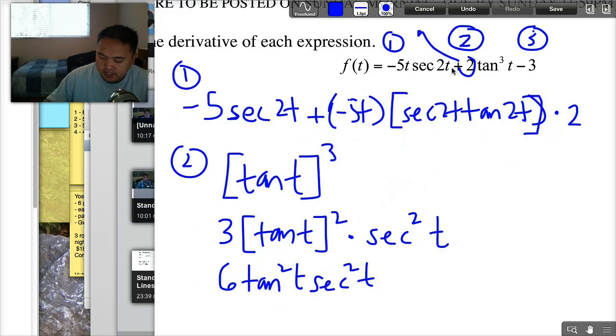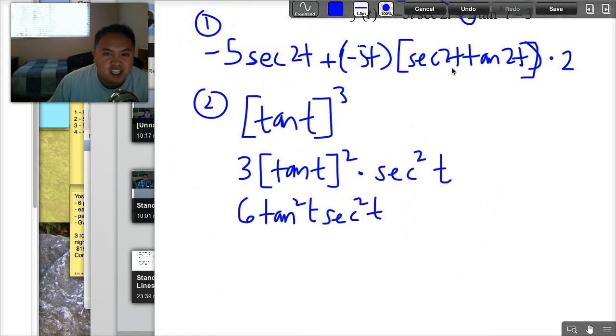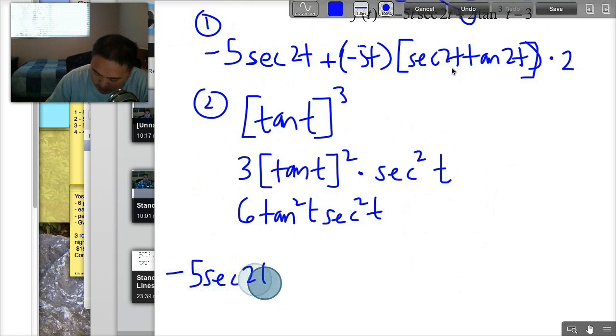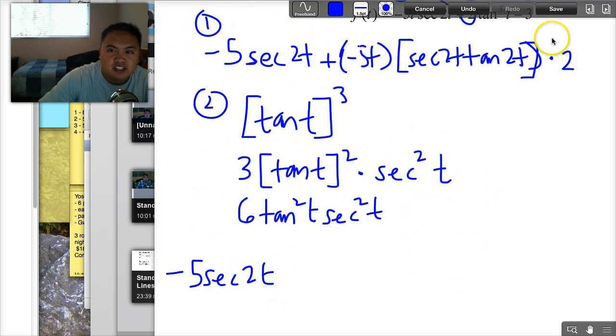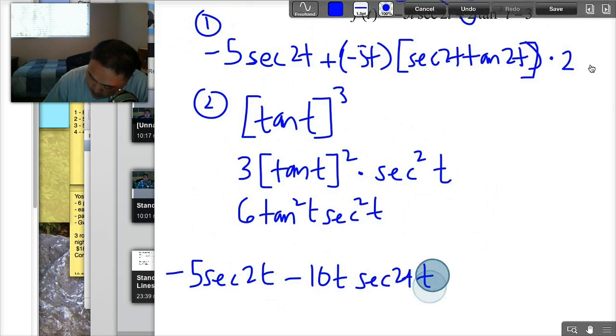So now I'm just going to combine these together. The first one, I've got this big mess here, so I'm just going to simplify it. Negative 5 secant 2t. I got this minus 5t, and I got this times 2, so that's negative 10t, minus 10t secant 2t tangent 2t.